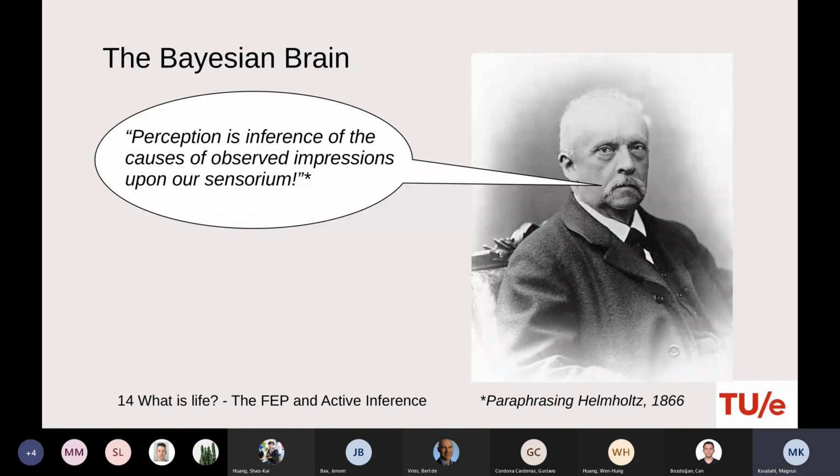And it turns out that Helmholtz might not have been that far off. So the next slide I'm going to show you has a figure from one of my all-time favorite papers. And it is a figure that shows single neuron recordings from a rat from its dopaminergic system.